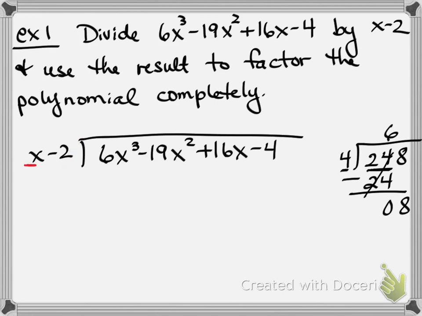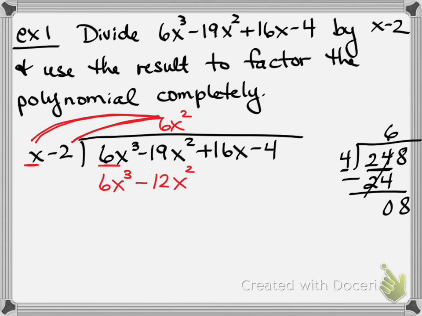All you're going to say is, what do I multiply x by to get 6x to the third? Well, I need 6x squared. 6x squared times x is 6x to the third. And then we distribute it to both the x and the minus 2. So 6x squared times x is 6x to the third, minus 6x squared times 2 is 12x squared.